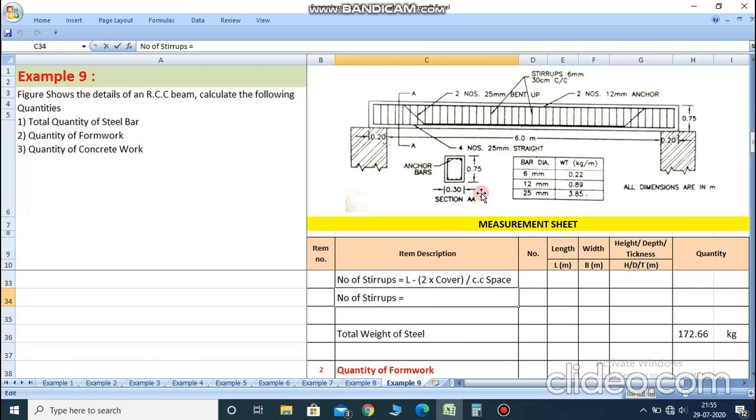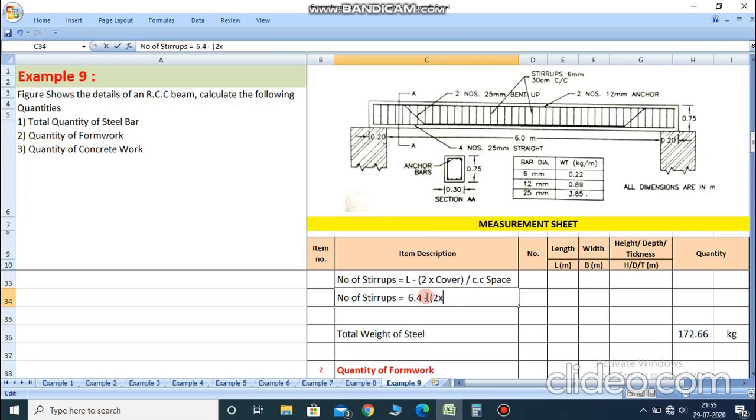Here the length we already found: 6 plus 0.2 plus 0.2, clear? So 6.4 is the answer for the total length. So here 6.4 minus 2 times cover.